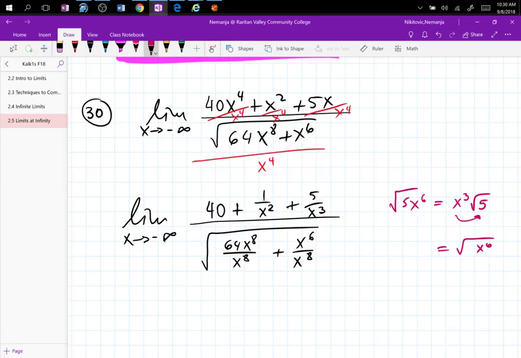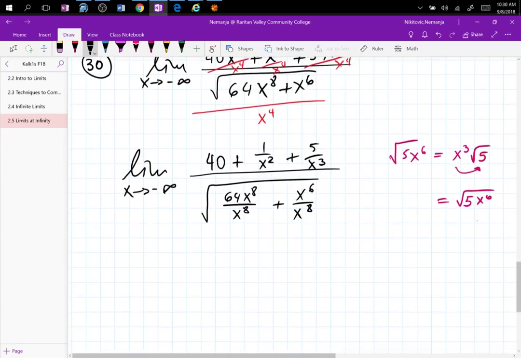Now you can stuff this back into the square root, and you better get 5x to the 6. So if you are escaping the square root, the exponent gets cut in half. If you are stuffing expressions into the square root, well, it's going to pick up the exponent double. If you are stuffing into a cube root, then it's times 3, and so on. So what I did is I stuffed this x to the 4 under the square root and it became x to the 8.